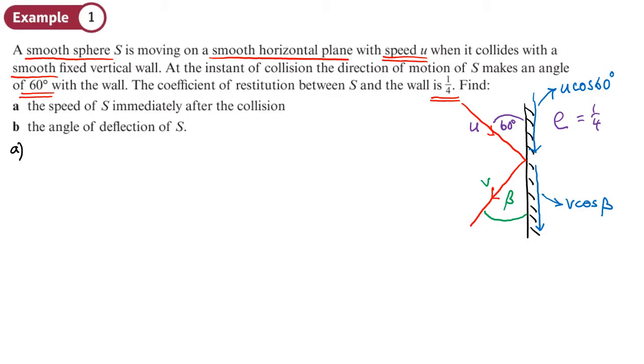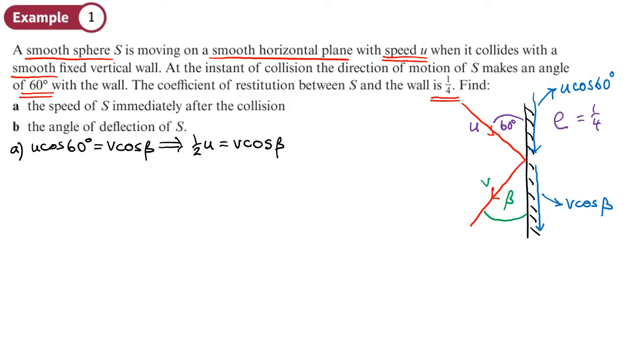Now we know they're equal, so the first equation I'll have is u cos 60 equals v cos beta. Cos 60 is a half. So I will have a half u equals v cos beta.